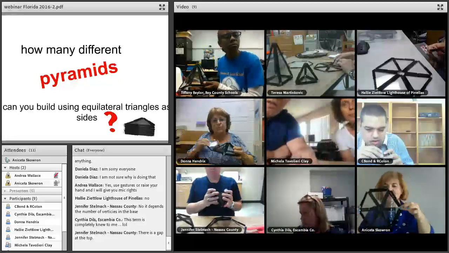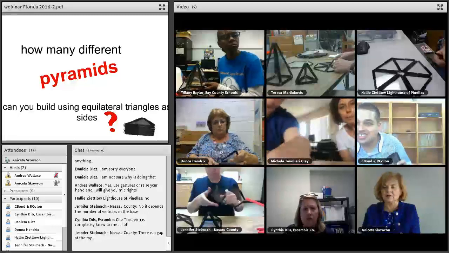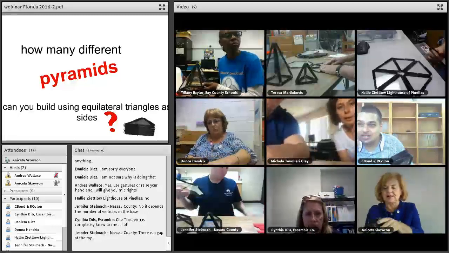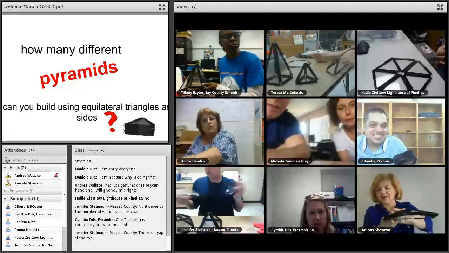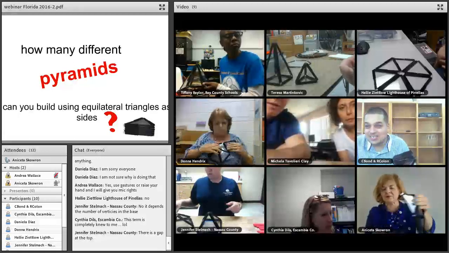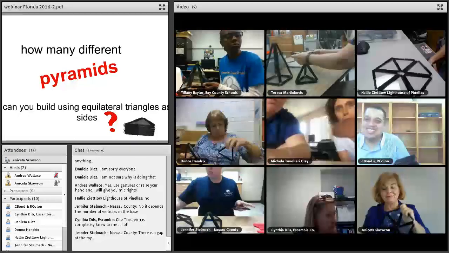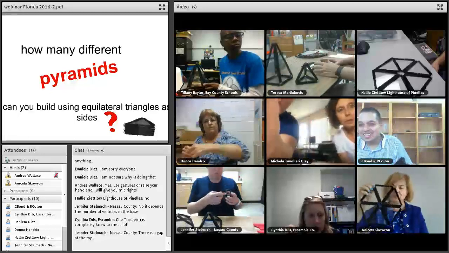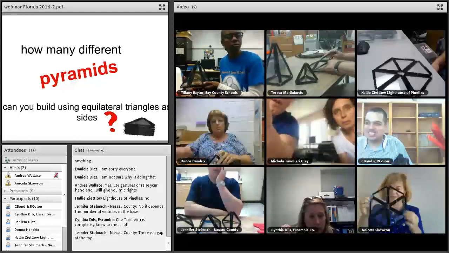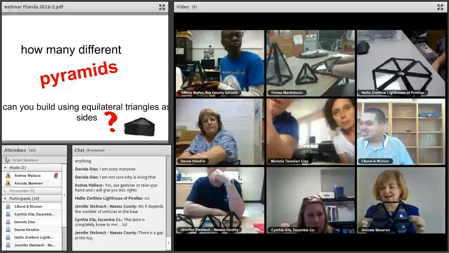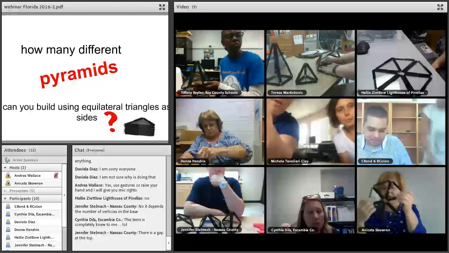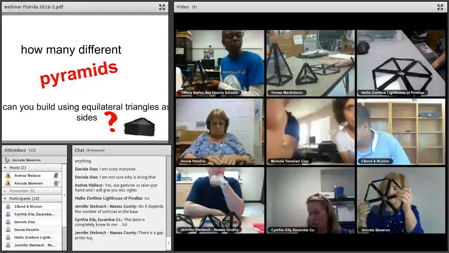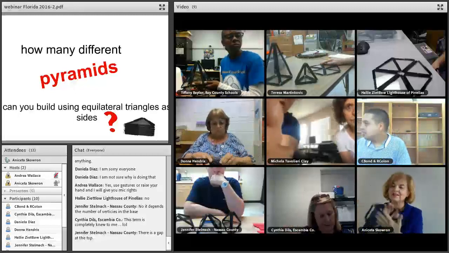So what you are doing is basically bending those triangles to force them onto this hexagon. But the thing is that you are not able to build a hexagonal pyramid with equilateral triangles because this angle is 360 degrees and it's a flat shape.